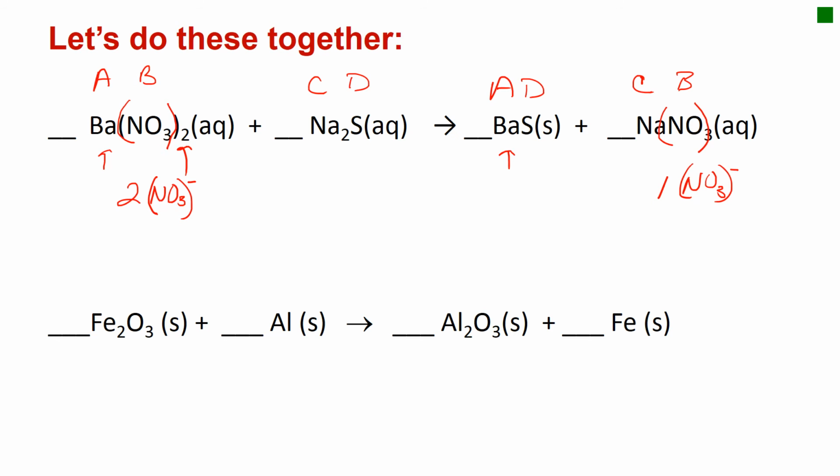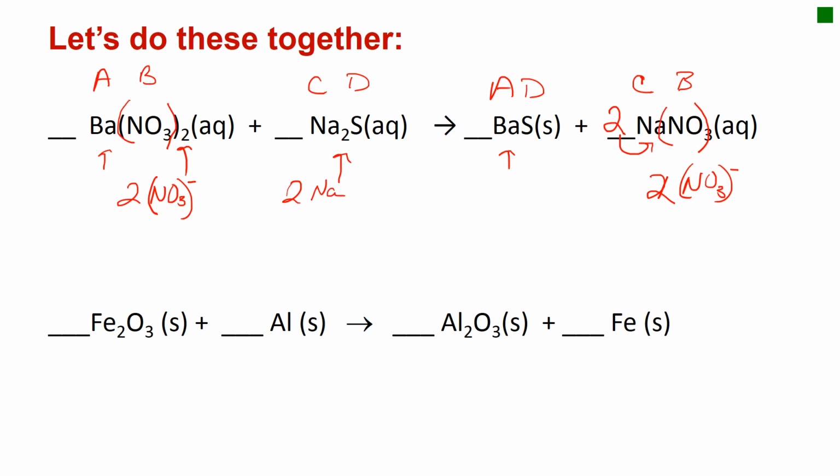So in order to get 2 nitrates here, all I need to do is put a 2 in front of that whole compound, the whole sodium nitrate. Well, now that gives me 2 sodiums as well as 2 nitrates now. I look back over at my reactant side and I see that I have 2 sodiums. So I'm good to go. So 2 sodiums here, checks out.